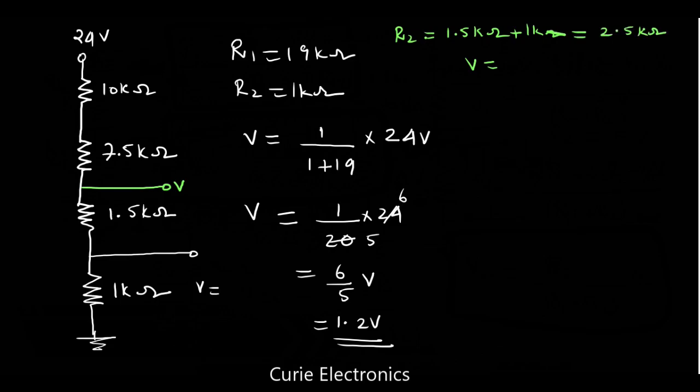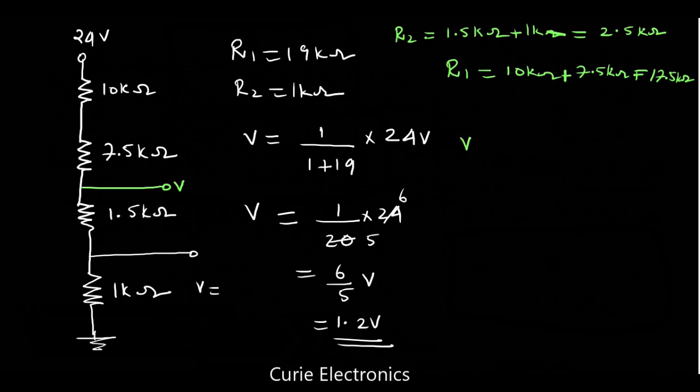And what is R1? R1 equals the sum of 10 kilo ohm plus 7.5 kilo ohm, only two resistors, so it is going to be 17.5 kilo ohm.